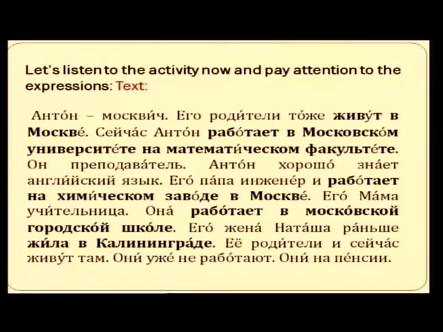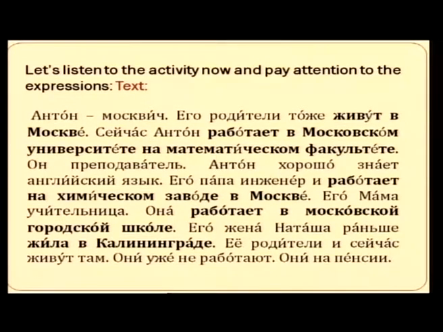Accordingly, английский qualifies as an adjective here, and it makes sense that Антон хорошо знает, he knows very well English language. Его папа инженер и работает на химическом заводе в Москве.